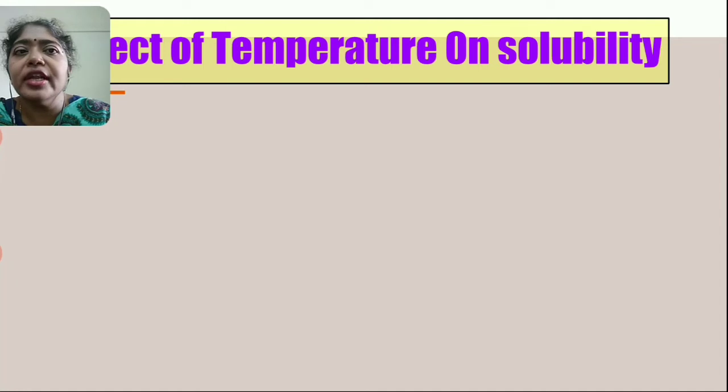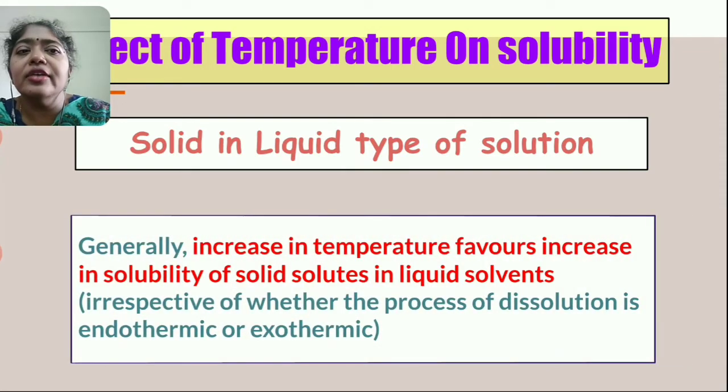But when we study the dissolution of a solid solute in a liquid solvent, it is generally noticed that an increase in temperature favors the increase in the solubility of the solid solute in the liquid solvent, irrespective of whether the process is endothermic or exothermic in nature.